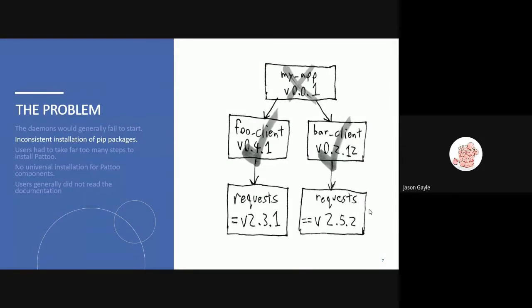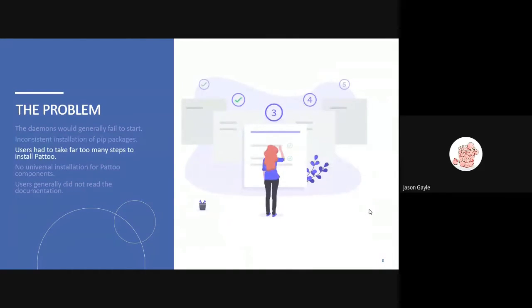So we had to develop something for that. Another issue was the users having way too many steps when installing Pattoo manually, because initially installation gave the user a lot of freedom for specifying the configuration values and where to install the Pattoo projects, which had led to many complications.